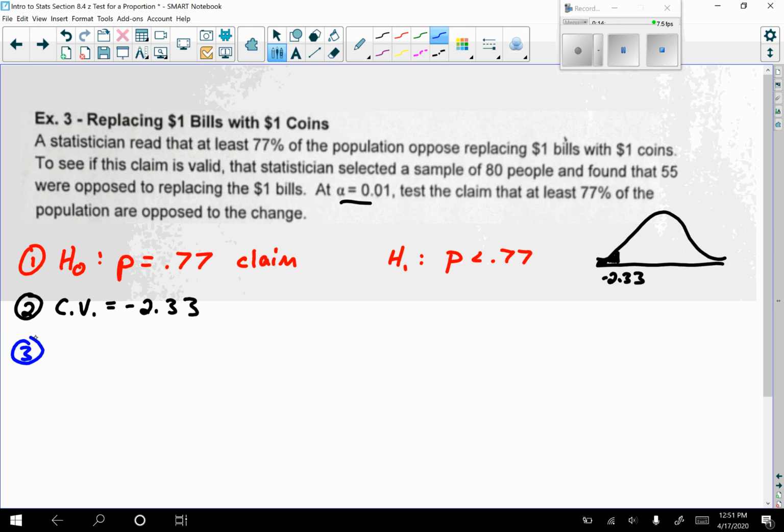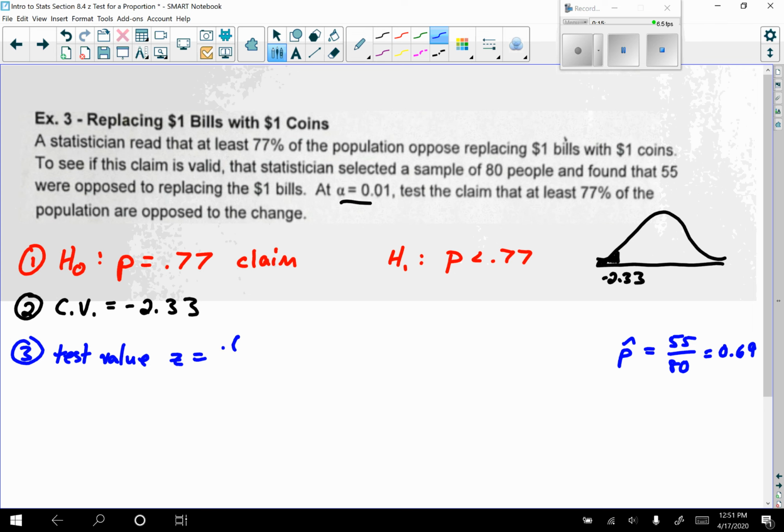Step 3 is that we'll find our test value, which is z. So p hat, we have to calculate. Of 80 people, 55 were opposed, so 55 out of 80. We'll round this to the nearest hundredth and get 0.69.